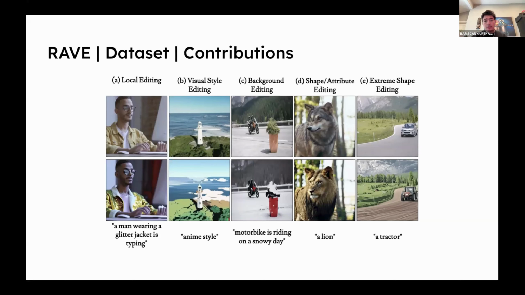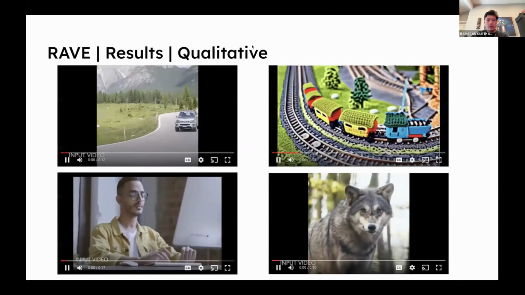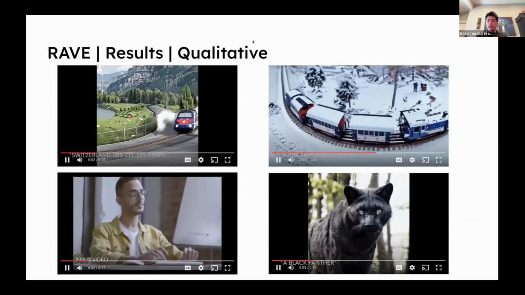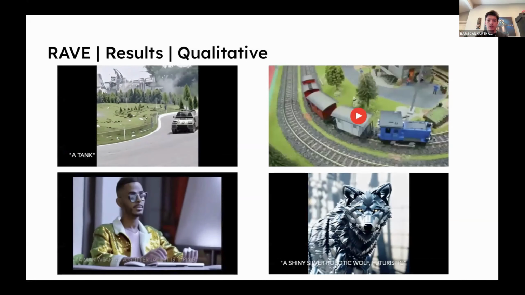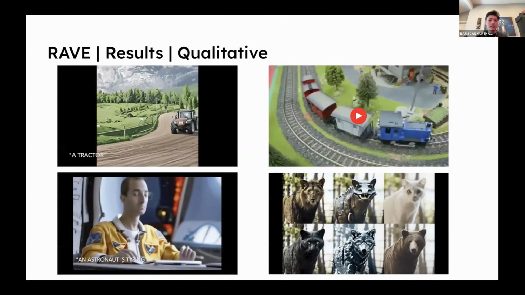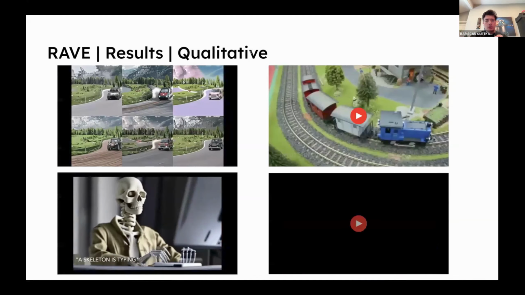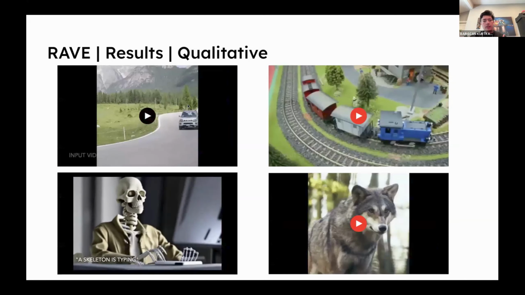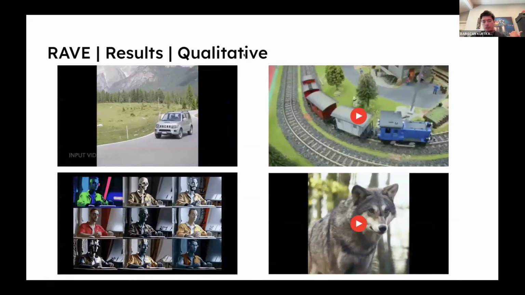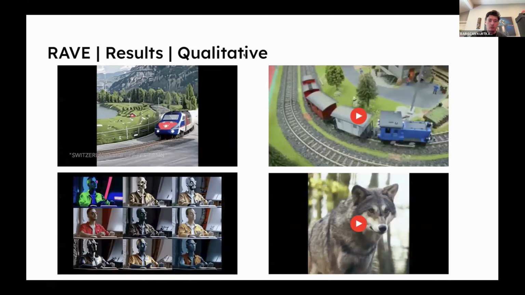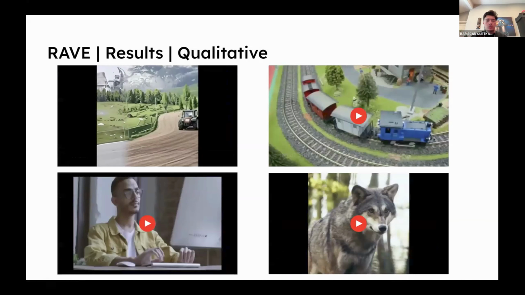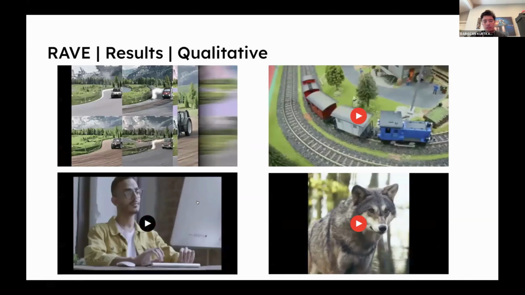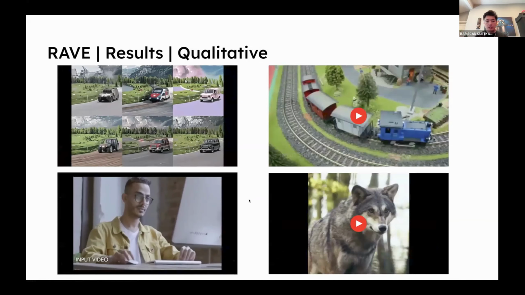other methods can't. In the qualitative part, we published a lot of videos on our website, but I tried to find the great ones among them. For example, in the top left, we have a car going on the road. We changed it into a train, a fire truck, a tank and more. Also in the bottom left, we have a person who is typing.